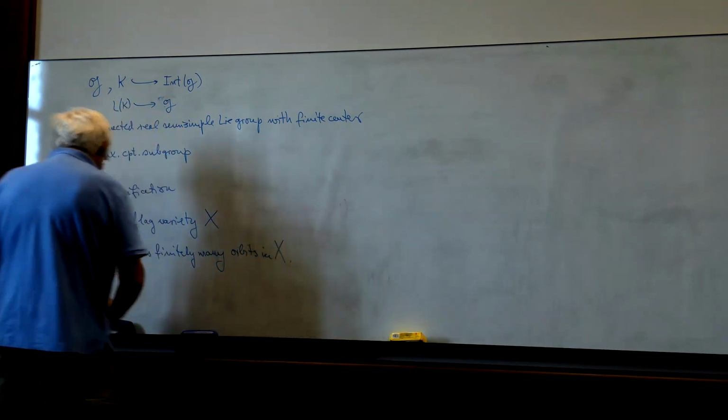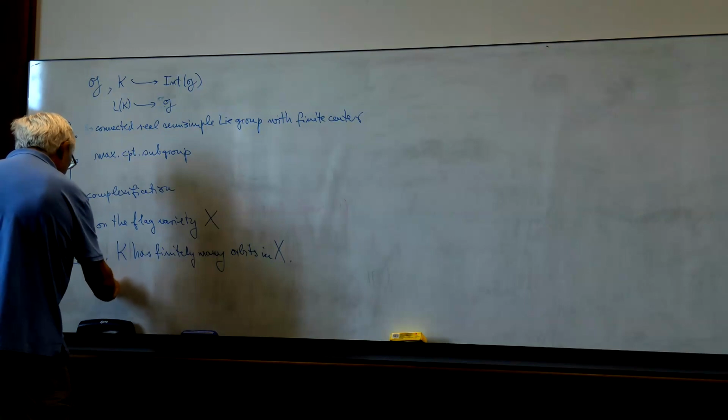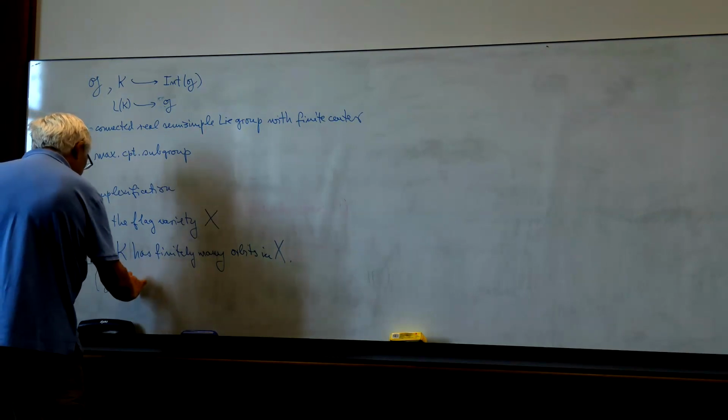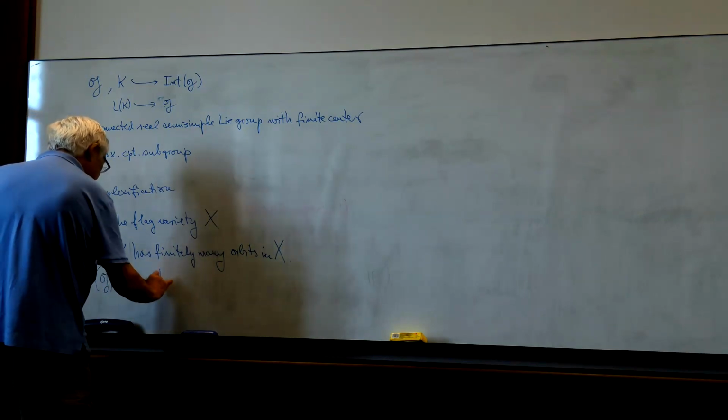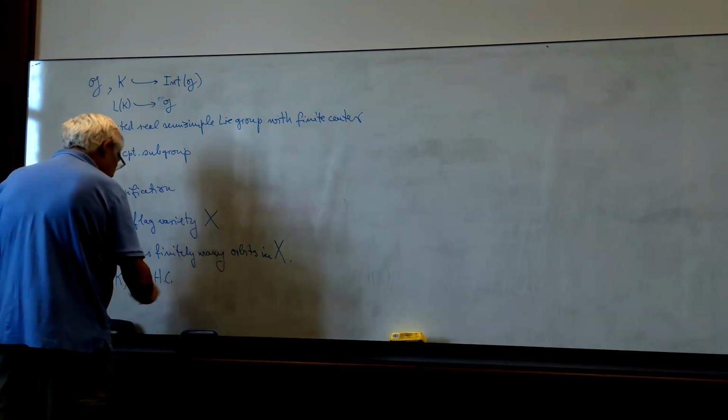So this means that (G, K) is the Harish-Chandra pair in the terminology of last lecture.